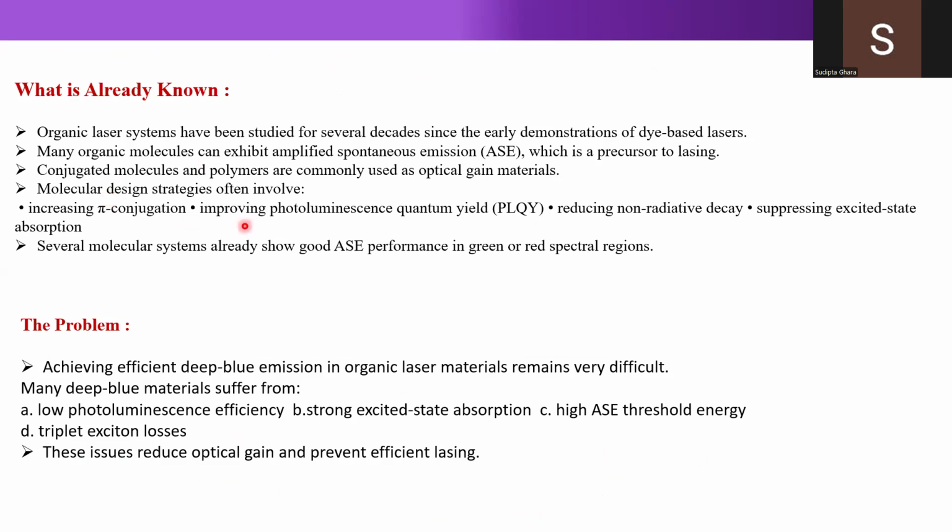And then now, what is known in this topic. So the already known portion is that organic laser systems have already been studied, basically in dye-based lasers, and many organic molecules can exhibit ASE emission.